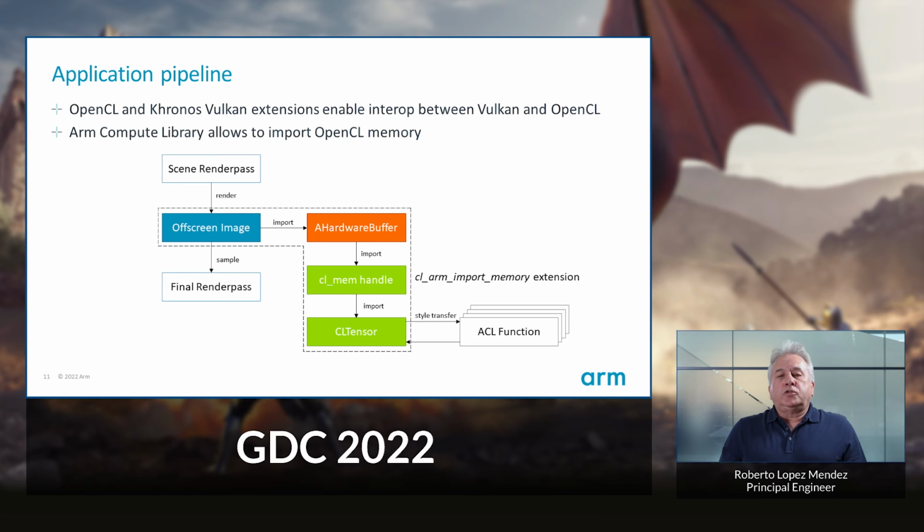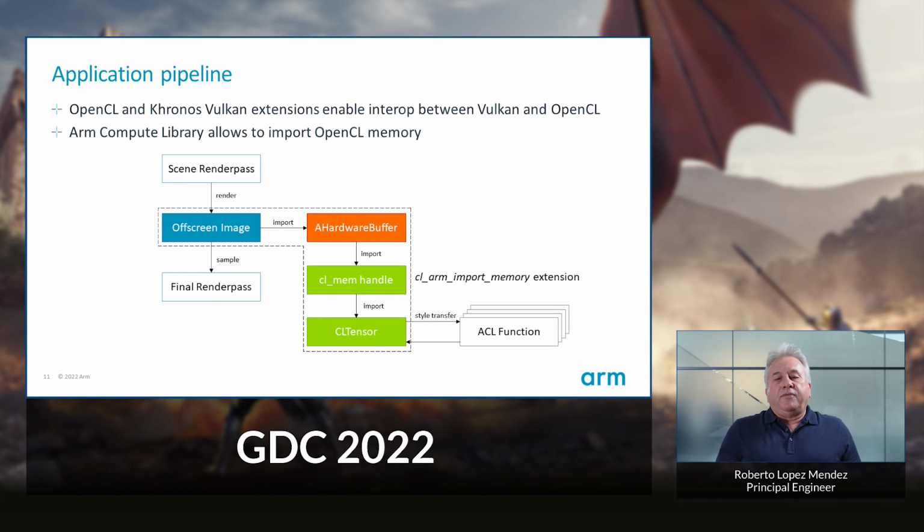But the main point was to embed this model into a graphics application. After rendering the scene to an off-screen image in Vulkan, we import the image to a native Android hardware buffer. The Android hardware buffer represents chunks of memory that can be accessed by several hardware components in the system.